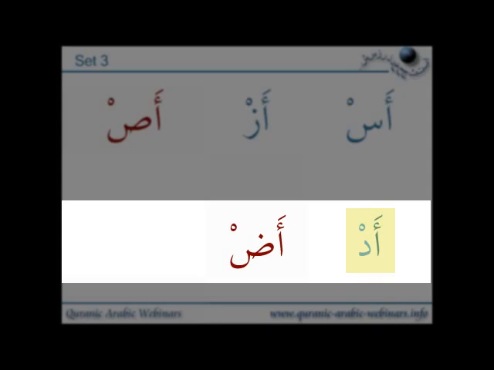It's one of the qalqala letters, so you've got to put a bit of an echo in there. And then we have the dad, which is not qalqala, but it is tafkhim.